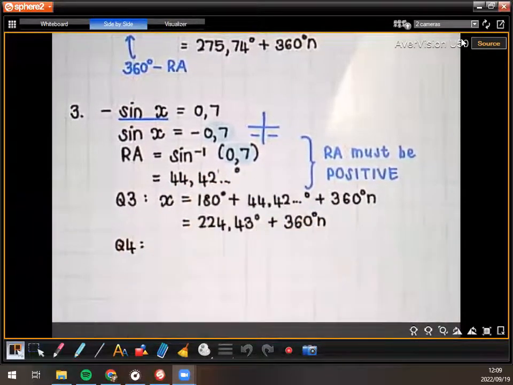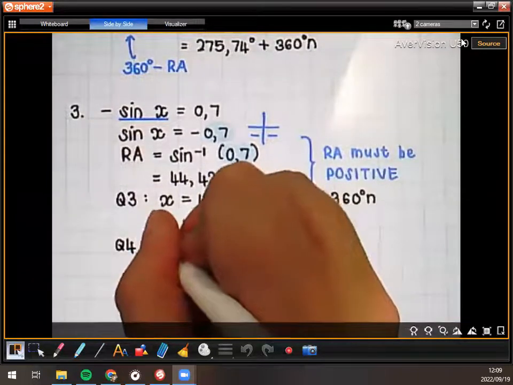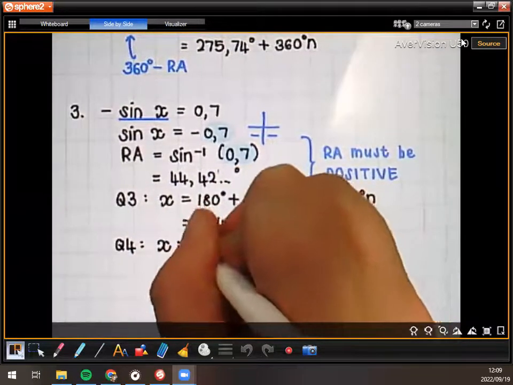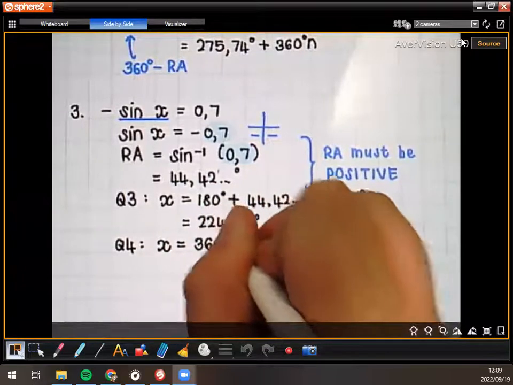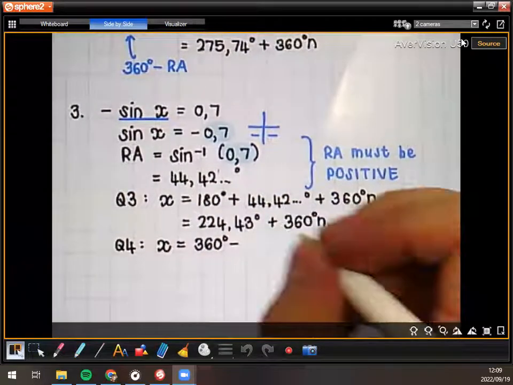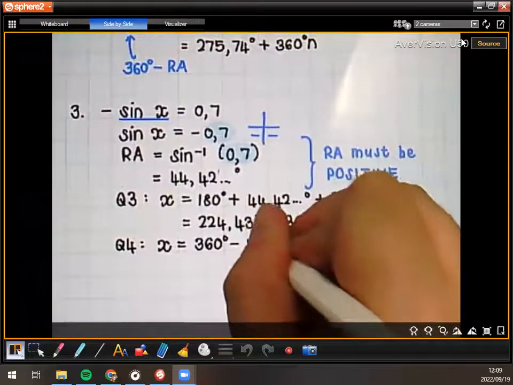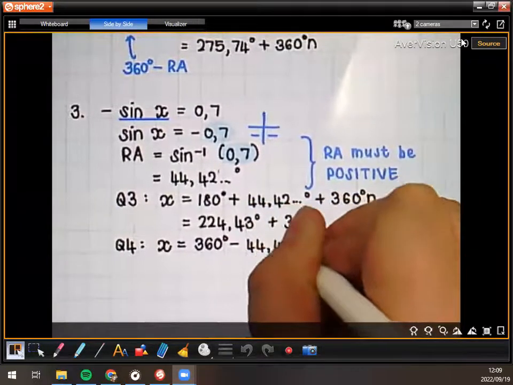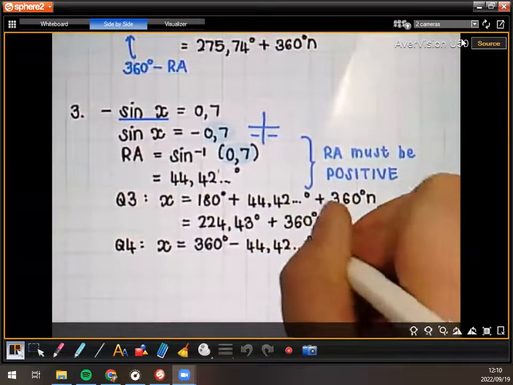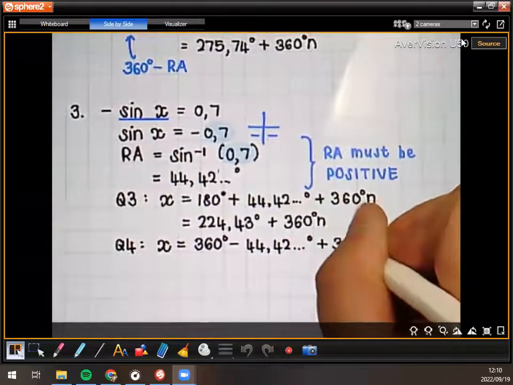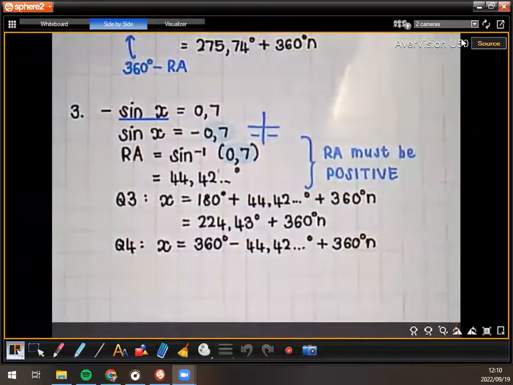Our fourth quadrant general solution is going to be, just like in the previous one, 360 minus the reference angle, plus 360n. Guys, it's always plus 360n. You don't have to think, oh, is it going to be a minus?